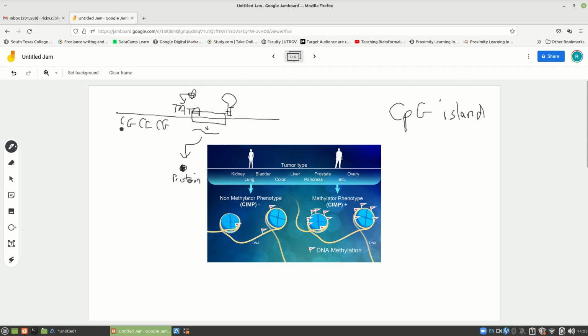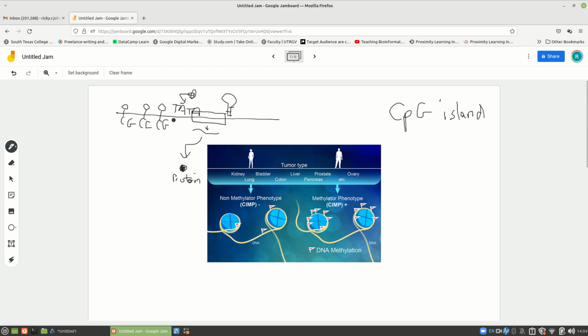And what happens is, if these are not altered, they don't wrap around the histone. But there are proteins that can come along that can do something called methylation to them. And we draw this wherever there's a C and a G, which is a very rare sequence. You don't see a lot of C's next to G's, except in front of genes that need to be turned on and off. And we put these little lollipop sticks on them.